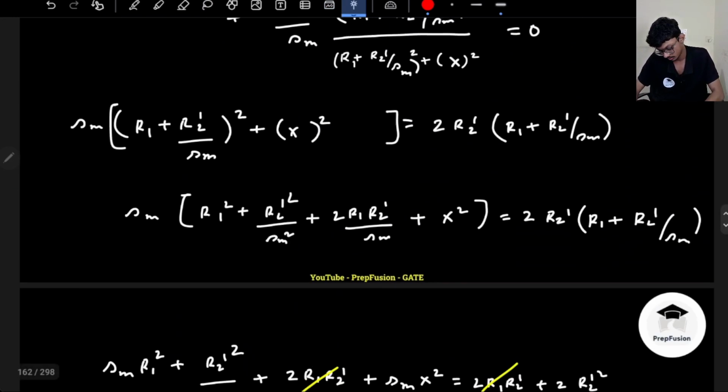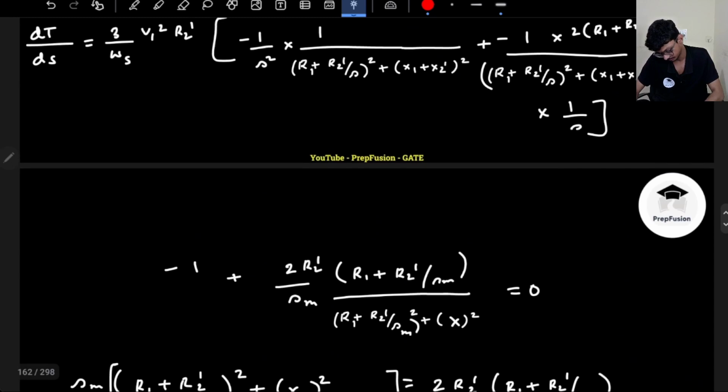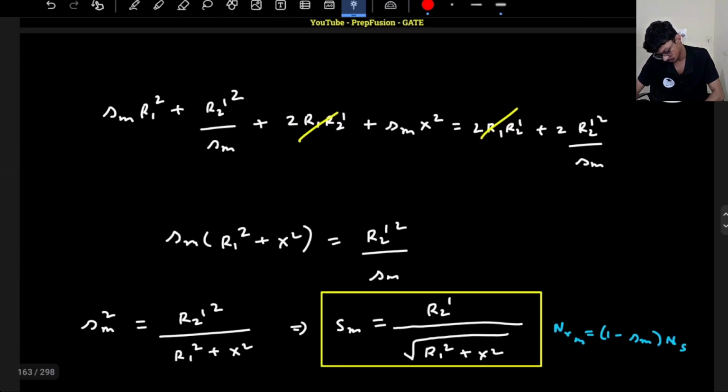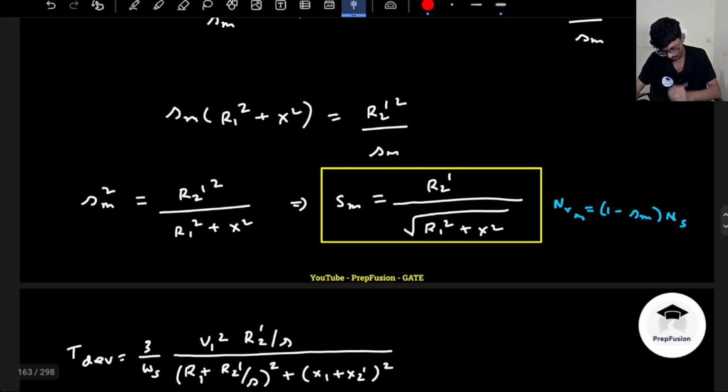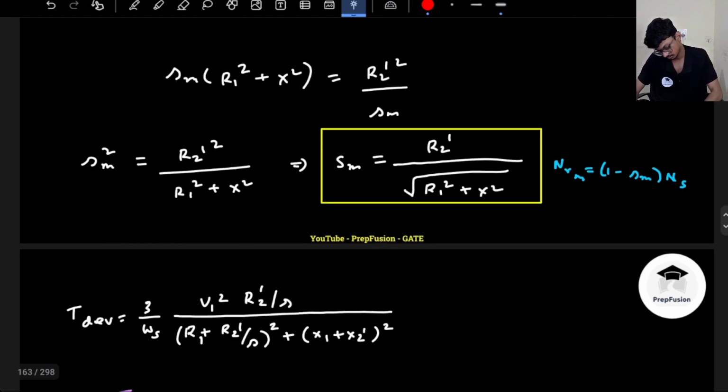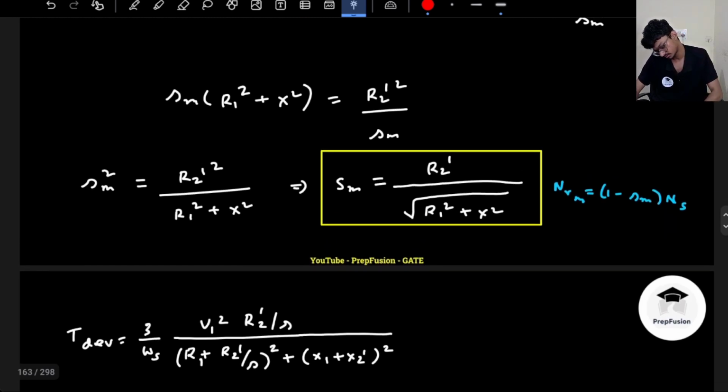So somewhere I can use it. One more thing I can do, that r2 dash divided by sm, right?